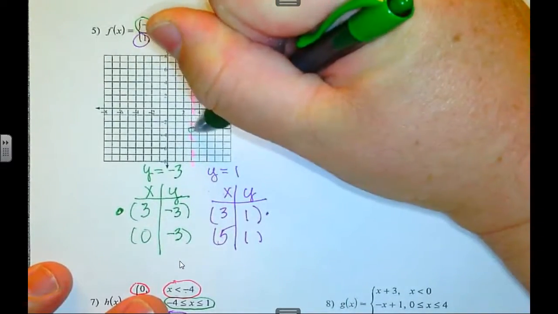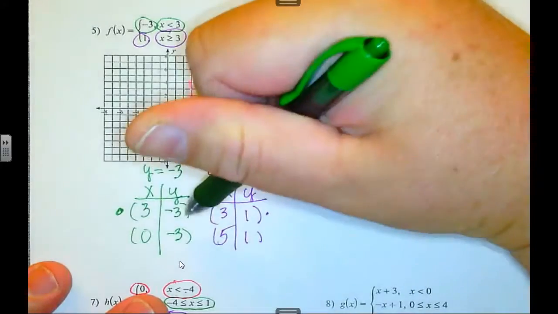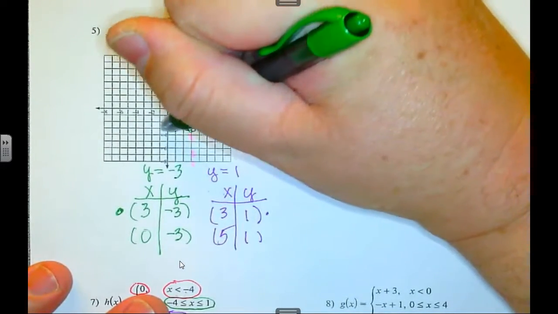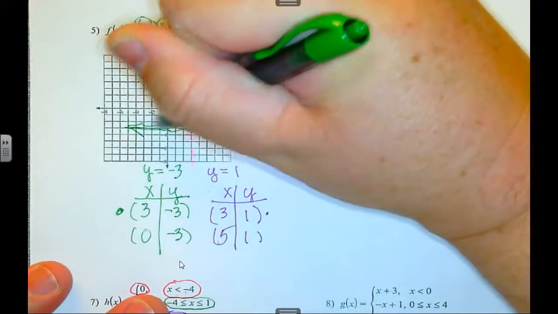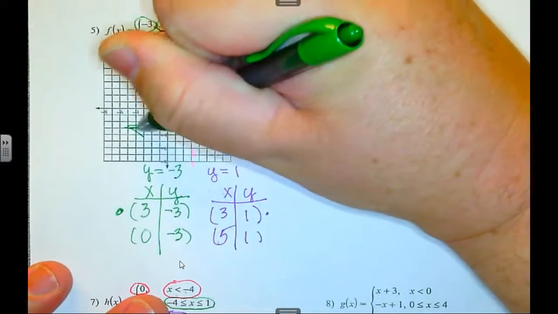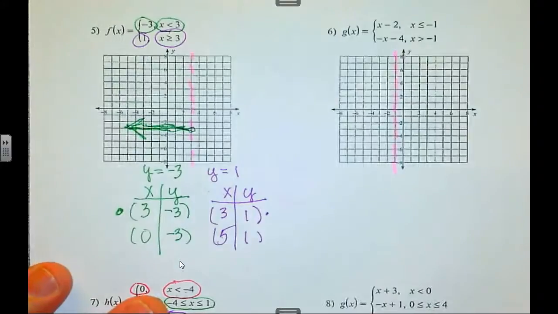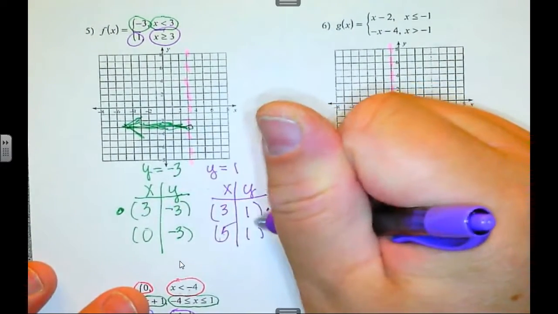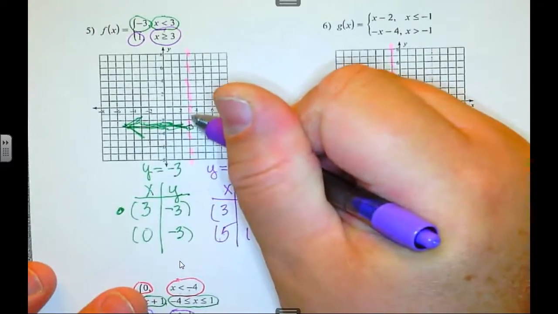Have an open circle, horizontal line at negative 3, less than, oops. Wow, that's an awful line. And then I've got 1 at 1. 3, 1.